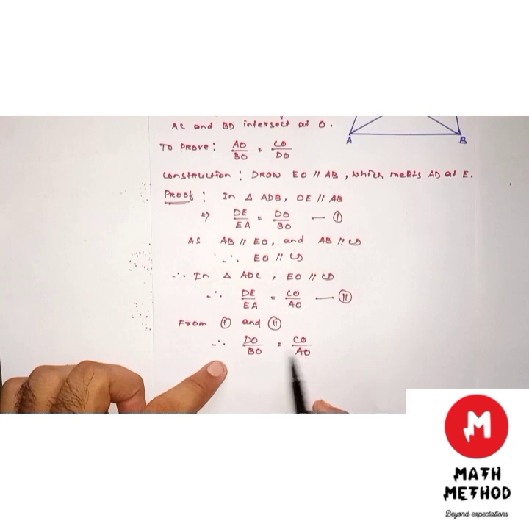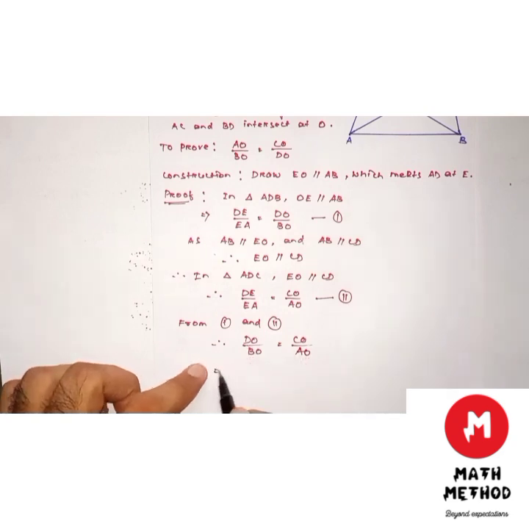Now transpose AO to the LHS; AO is in the denominator, so it will go to the numerator. Therefore AO upon BO is equal to CO upon DO, transposing DO to the RHS, it will go to the denominator. This is our proved.